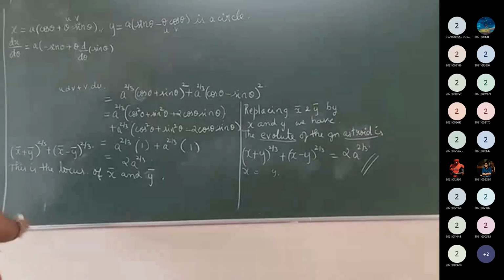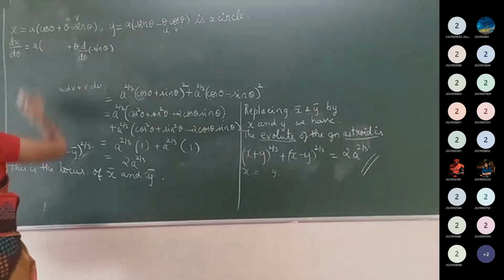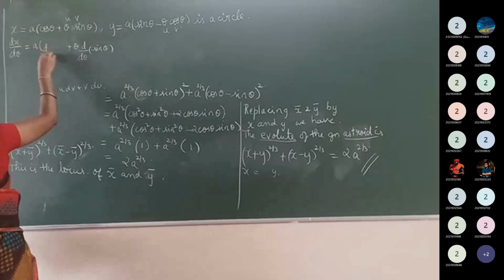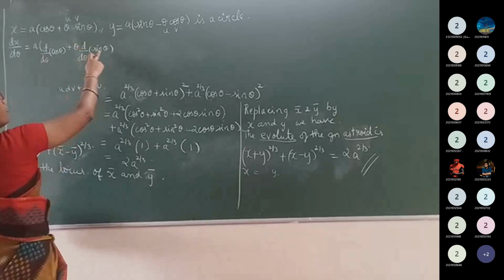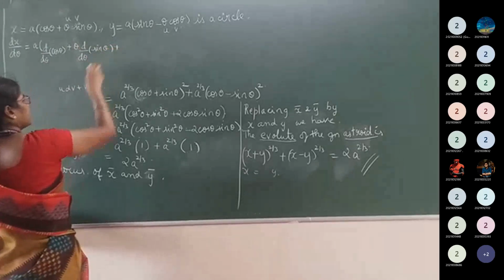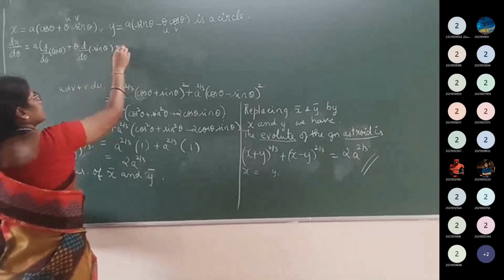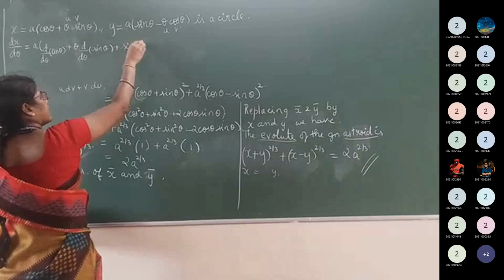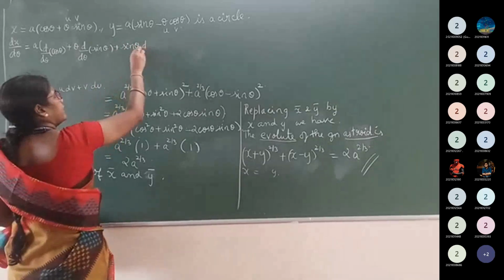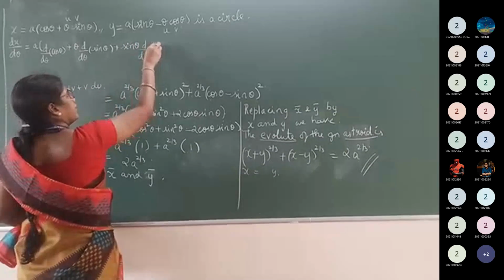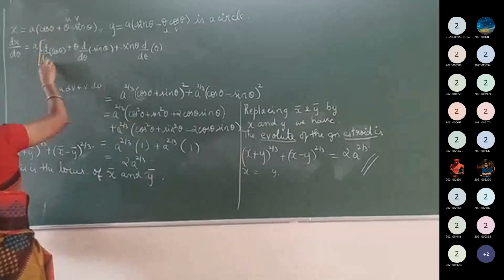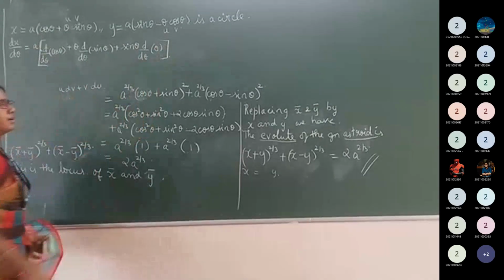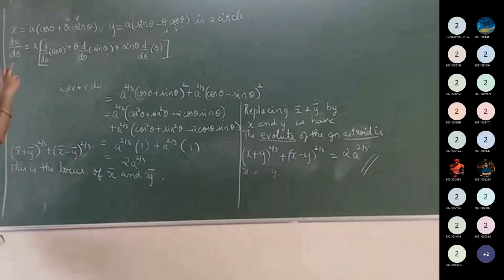Or else here itself you write one more step: d by d theta of cos theta, then theta times d by d theta of sin theta plus sin theta times d by d theta of theta. Can you get this now?